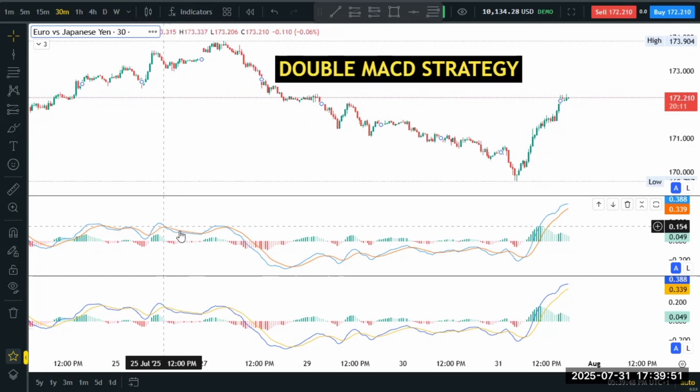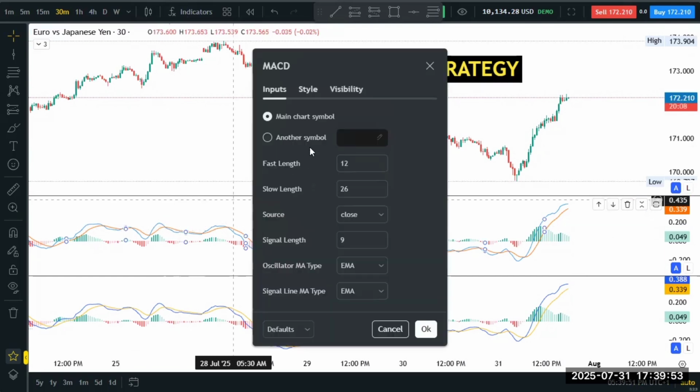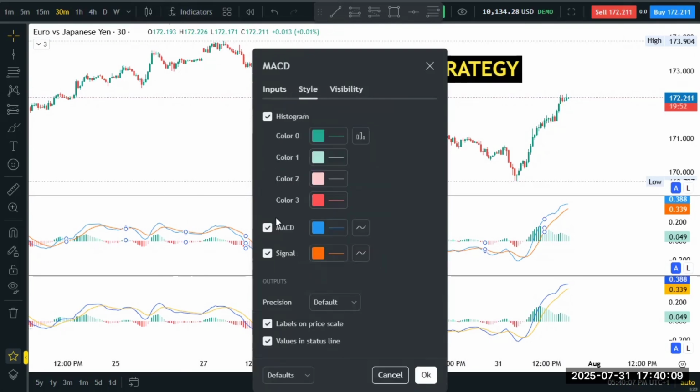For the first one, we are going to leave all the settings at the default. The fast length we leave at 12, the slow length we leave at 26, and the signal length we leave at 9. However, I want to distinguish which is my signal line on my MACD, so I'm going to increase the boldness of it.